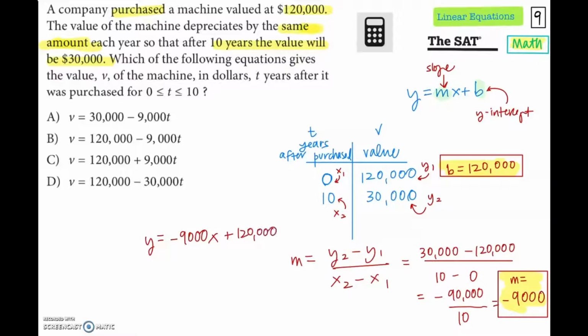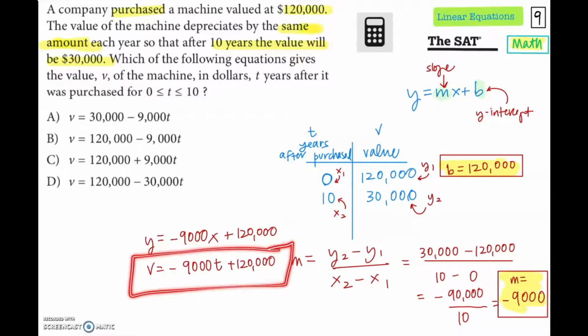But x and y really aren't the variables that we've been working with. The problem uses the variables t and v. So this will be our linear function, and it looks like B is the right answer here.